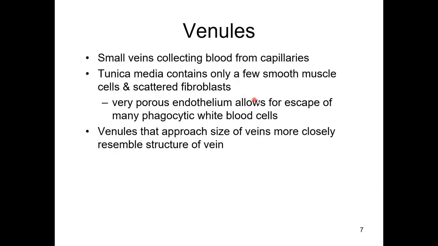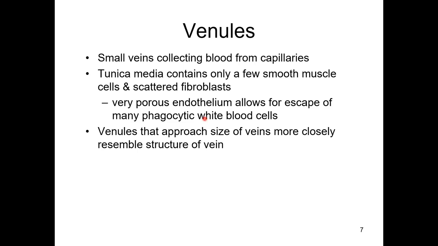For the venules, we see a thinning out of the blood vessel wall. Again, just like in arterioles, the tunica media contains much fewer smooth muscles. Venules are the place where neutrophils and monocytes can exit the blood vessels, and going through this endothelium is quite a feat when these white blood cells exit.